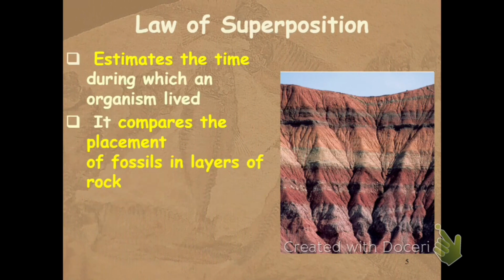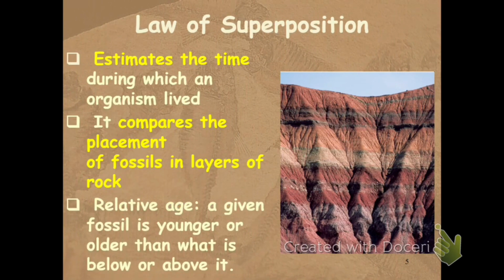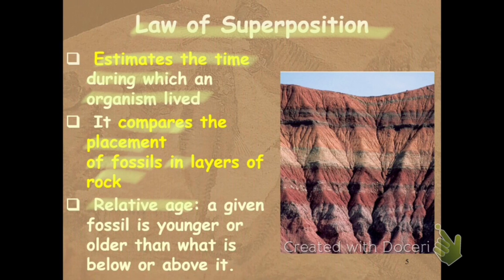New heading, new ink. This is really kind of what I mean when I say deepest or oldest. New heading, left-hand column is the law of superposition. Again, this is a concept that's usually introduced in 8th grade. It estimates the time during which an organism lived, compares the placement of fossils in rock, and then it's where we get relative age.